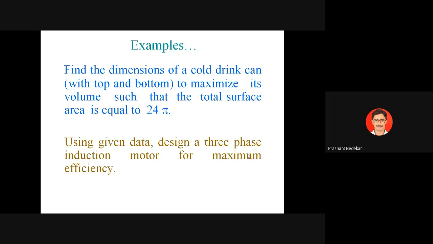Somebody else may have the same aim with a different objective: the motor should have weight as minimum as possible. So design a three-phase induction motor for minimum weight, or for maximum power factor. Whenever the word minimum or maximum comes in the problem, it is definitely an optimization problem.